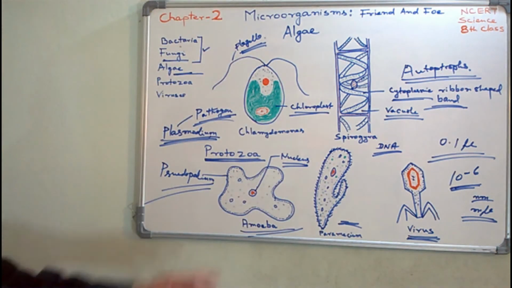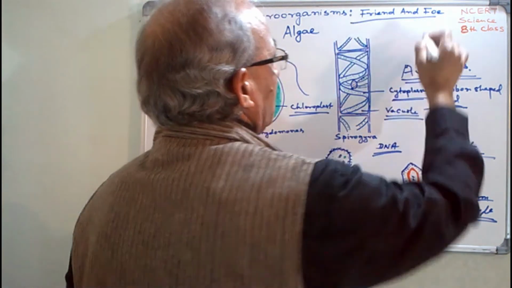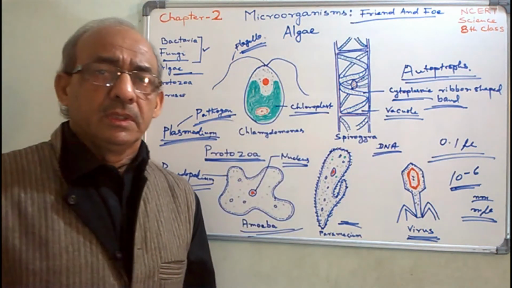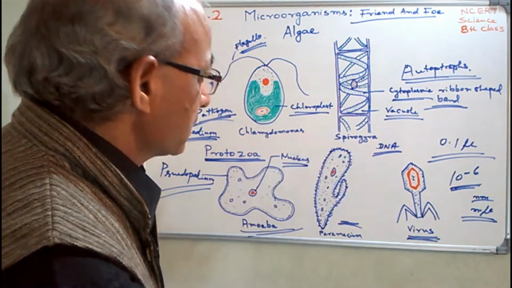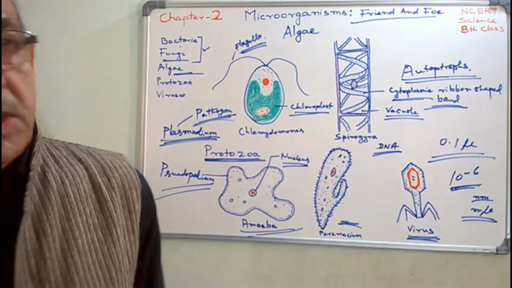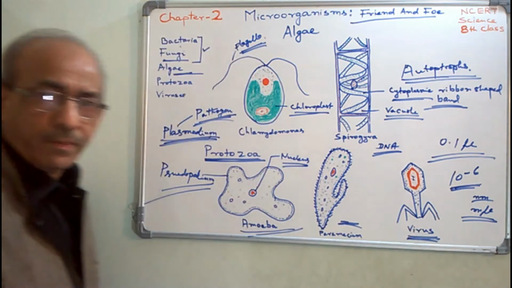In the next session, when we will discuss the role of microorganisms as friends and foe, in that session we will discuss the diseases and some useful roles of the microorganisms, including viruses also.